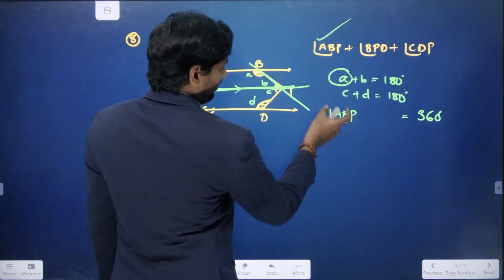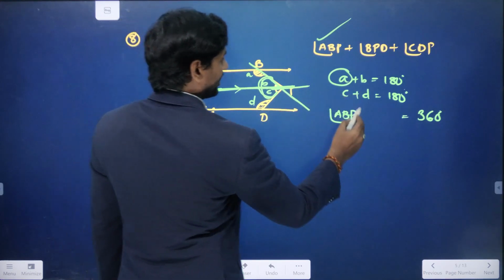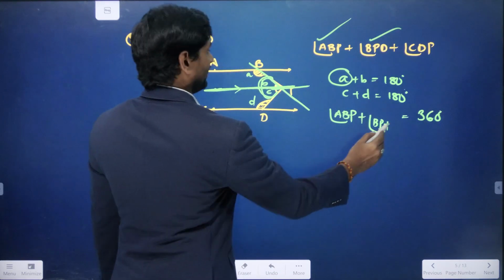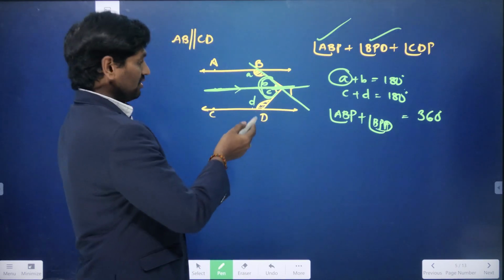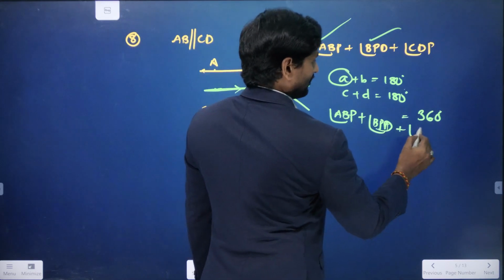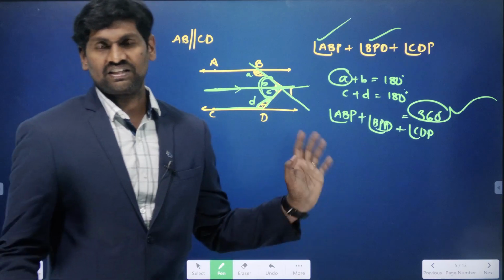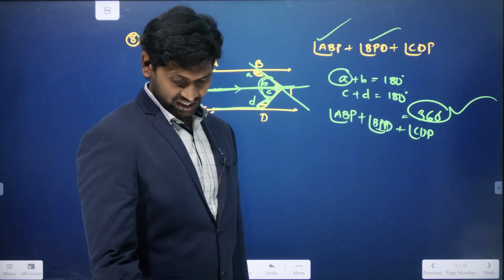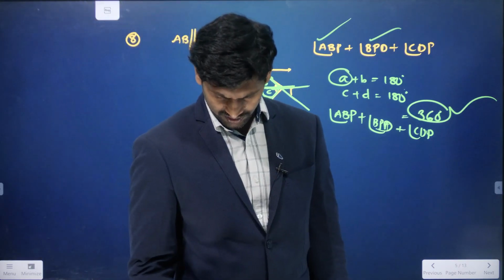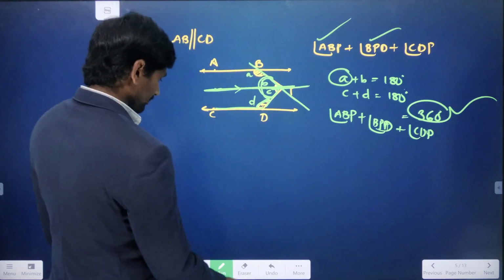In place of A we write ABP, in place of B and C combined we write angle BPD, and D is angle CDP. So the sum is 360 degrees. Very easy, without the measurements also we can write it easily. 360 degrees. Now let us go to problem number 9.